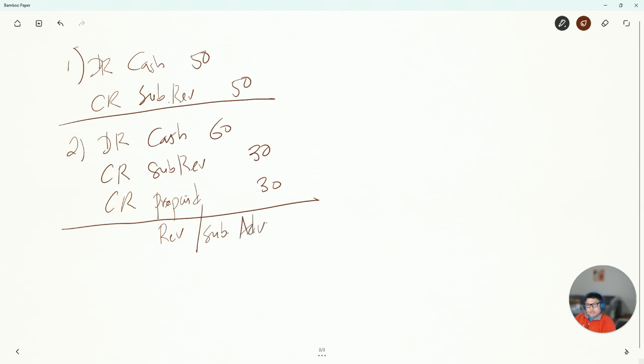So this is not revenue. It's not going to the profit and loss, it has to go into the balance sheet. So when we go to the balance sheet, it will be assets or liability. It cannot be owner equity. So we need to categorize it as assets or liability.